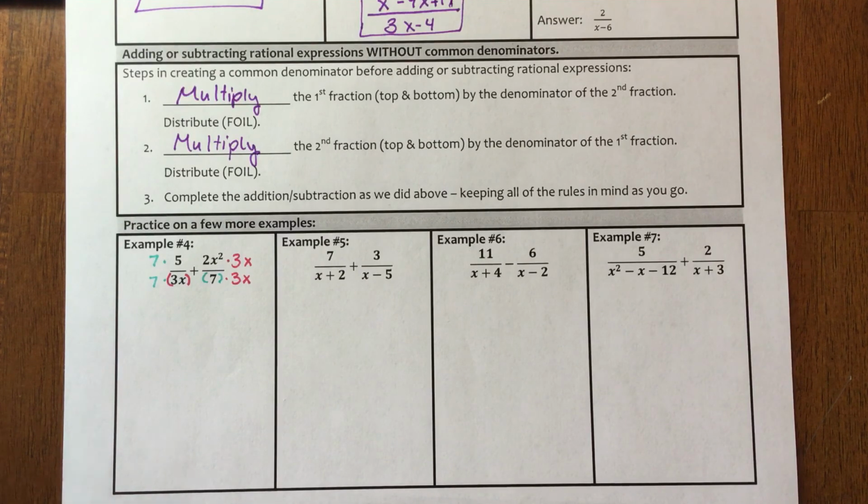So work it out if it's one term times one term. Work it out for the numerators, always. Always numerators, only denominators if it's one term times one term. All right, so after you do all of the multiplication, you're going to complete the adding and subtracting like we did in the first video, numbers 1, 2, and 3 up above. Keep in mind all of the rules like distributing, subtraction.